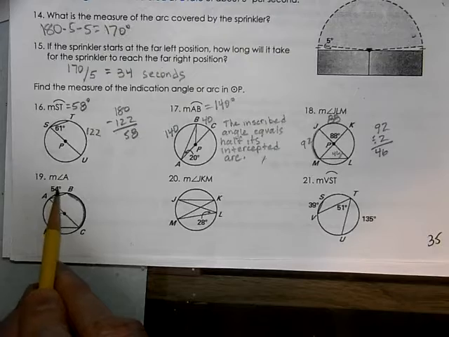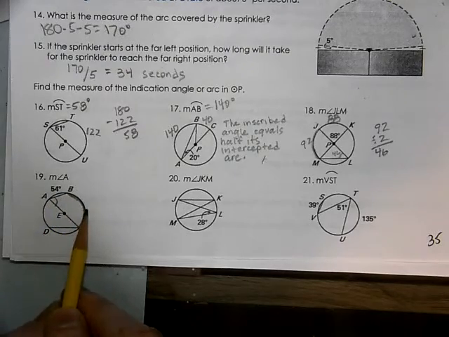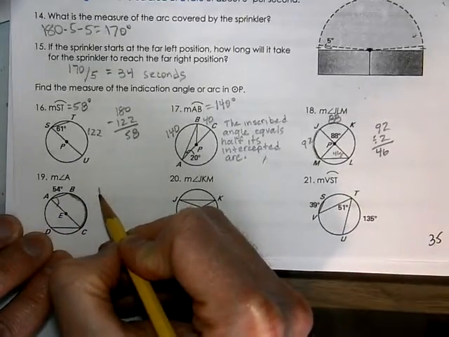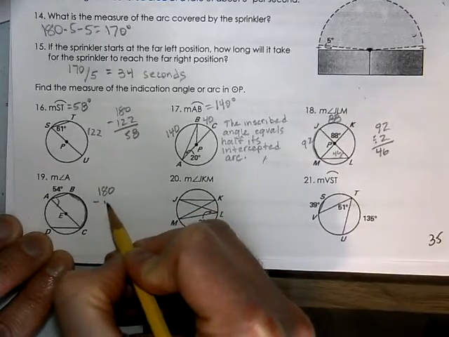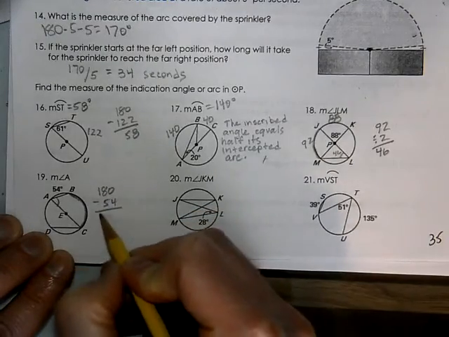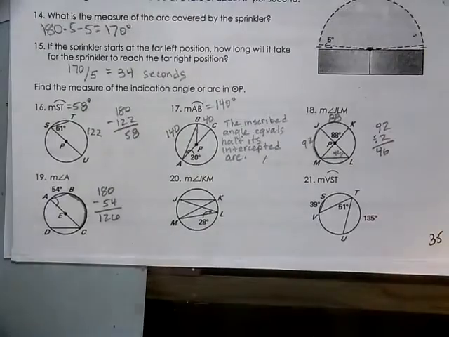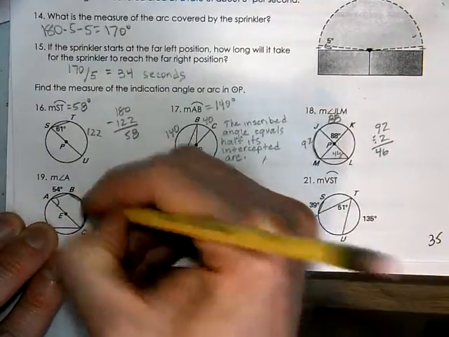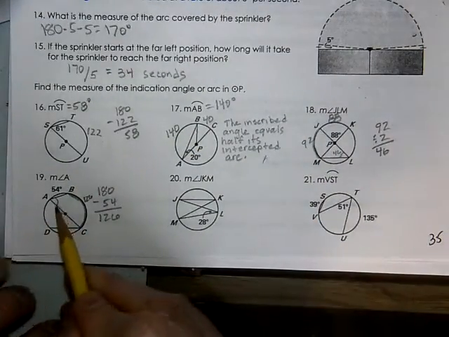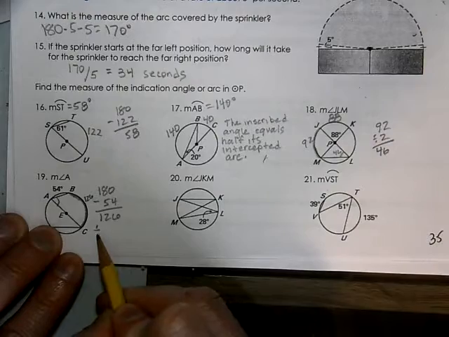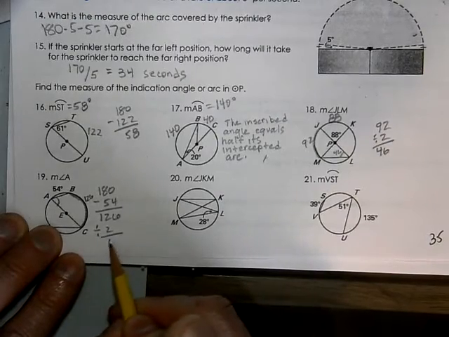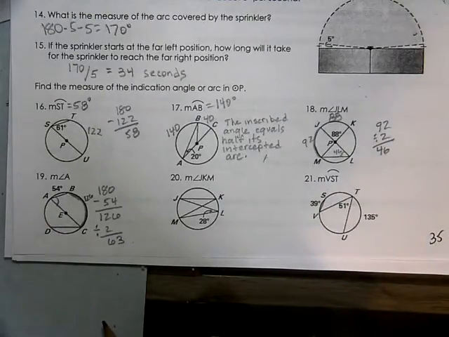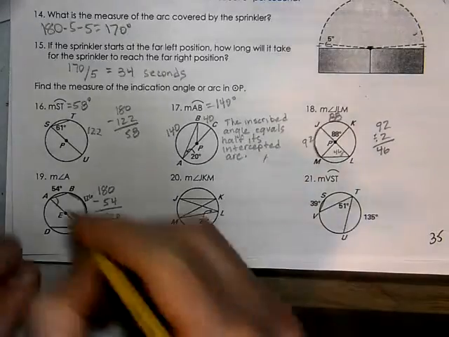If that's 54, then this is 180 minus 54, which is going to be 126. And if this is 126, then this is going to be half of your 126, which is 63.